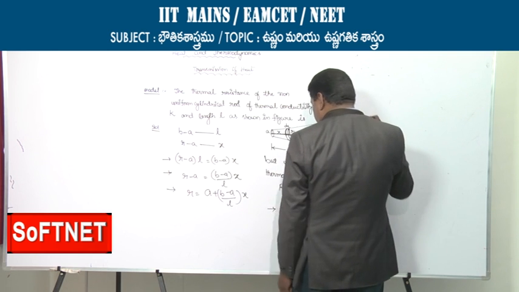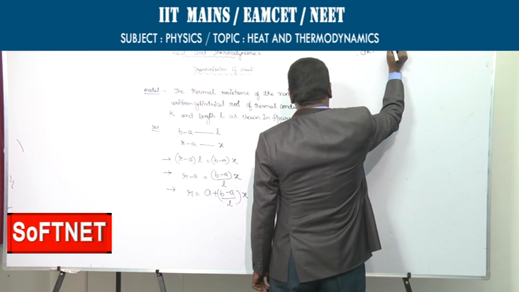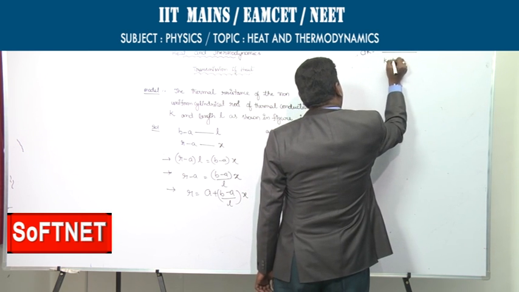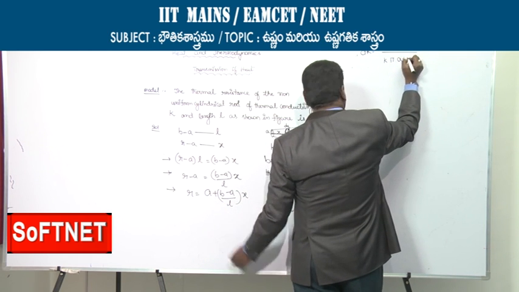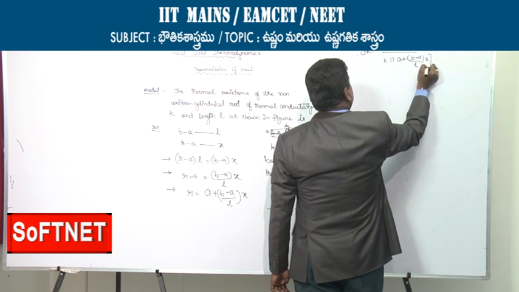Substituting the r value, dR equals dx by K into pi into r square, where r is given as a plus (b minus a) by L into x, whole square.